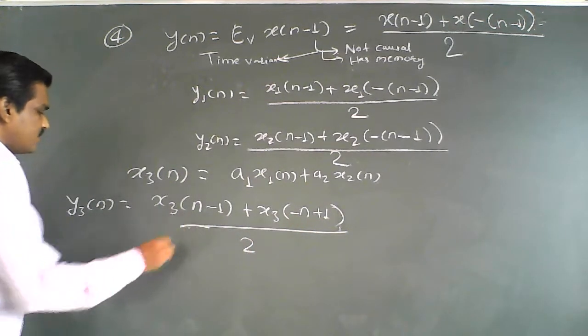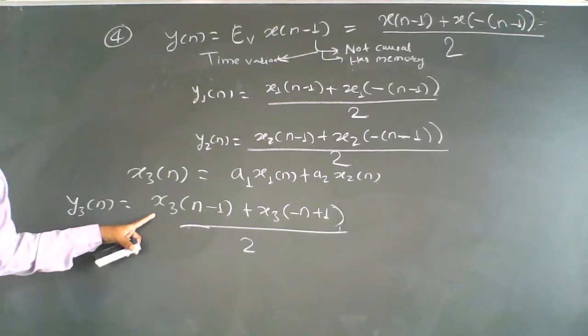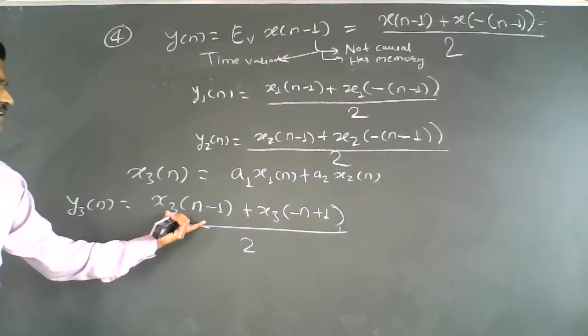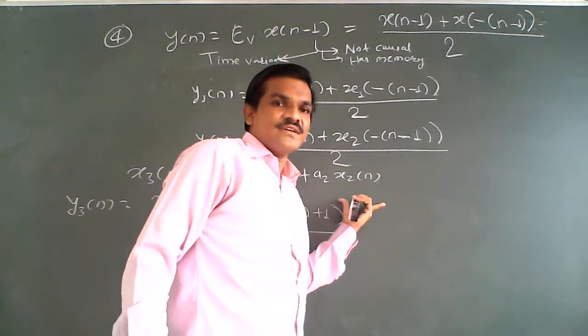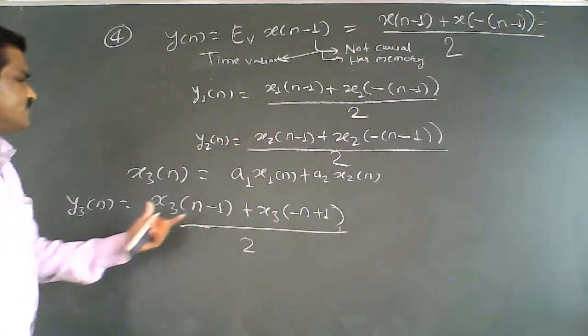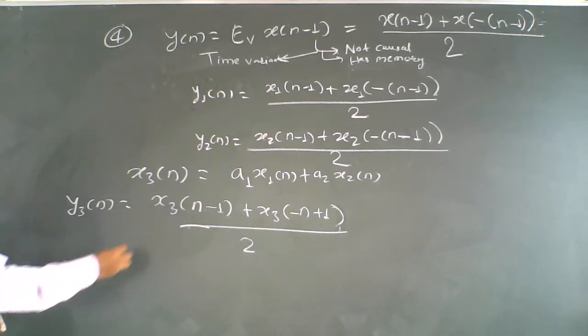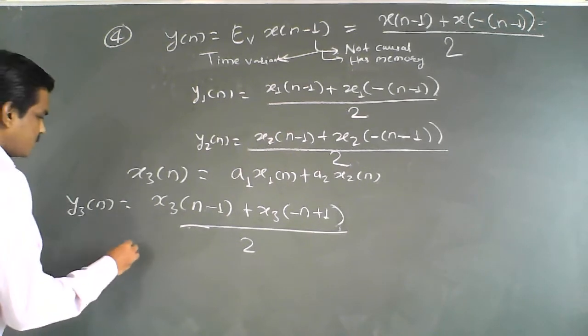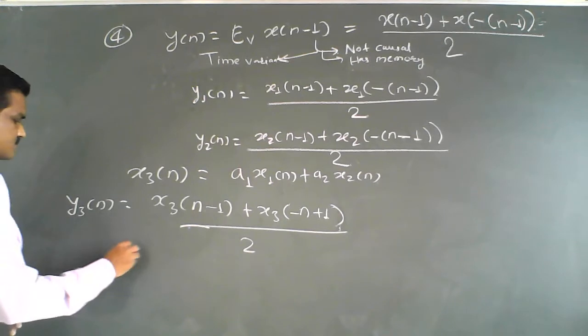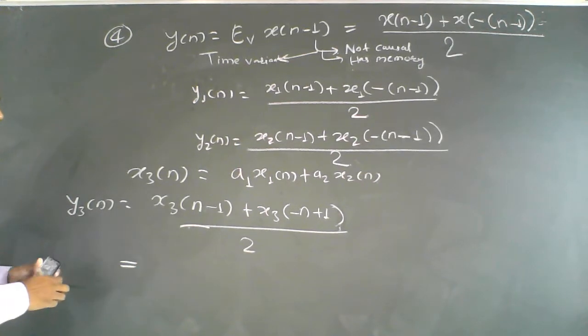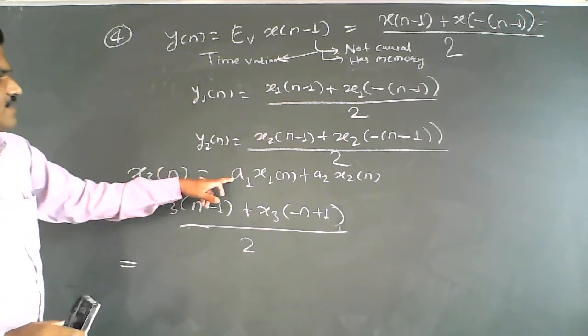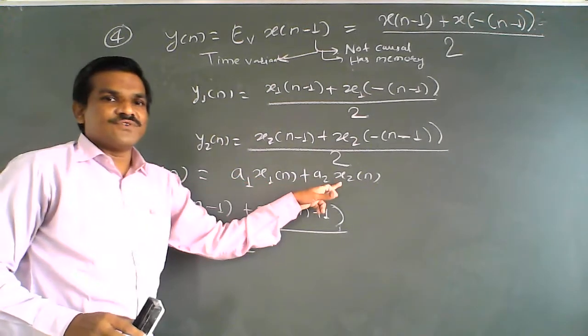Finally we have to write y3 of n. What is x3 of n? x3 of n is a linear combination, a1 x1 of n plus a2 x2 of n.